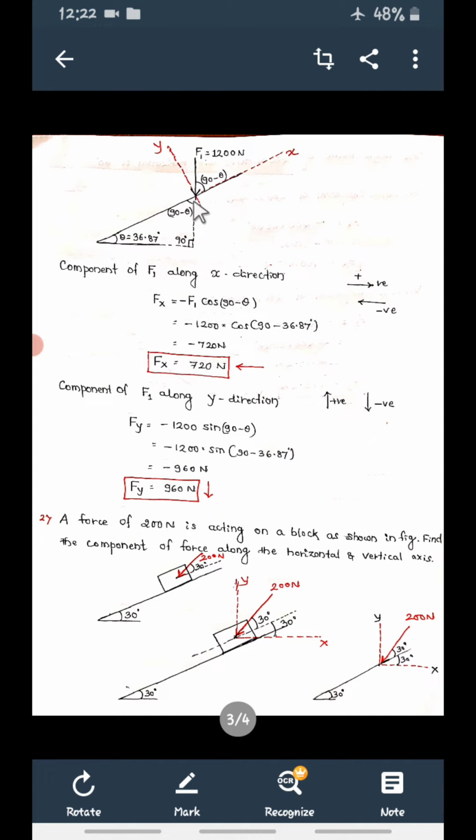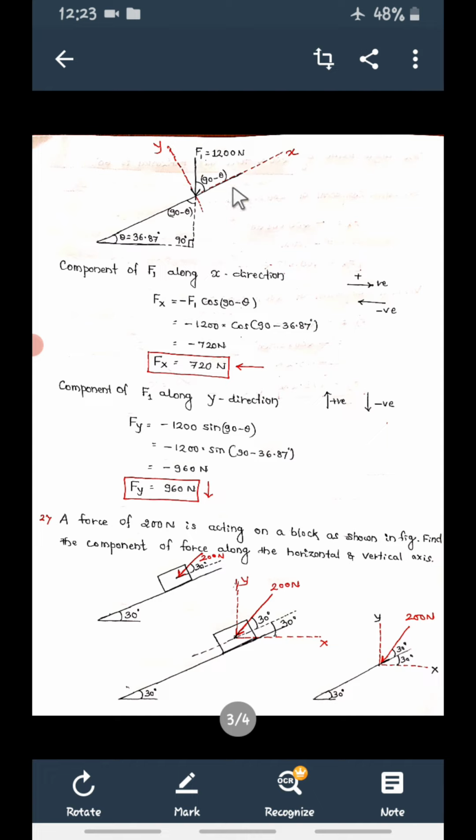If this angle is 90 minus theta, what should this other angle be? See, this is the common line, so this is also 90 minus theta, alternate angles. So that is 90 minus 36.87.